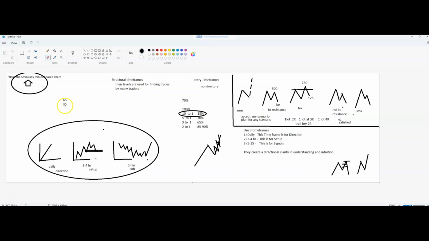This is so elementary that there's a big difference between this and actual realistic trade execution, which is 1 lot at 2R, 3R, and then 4R, and then also while trailing by 2R, right? There's a big difference. One is putting it into practice because you accept the various scenarios, plan for them, and it's in your execution, versus giving some random 65-35.